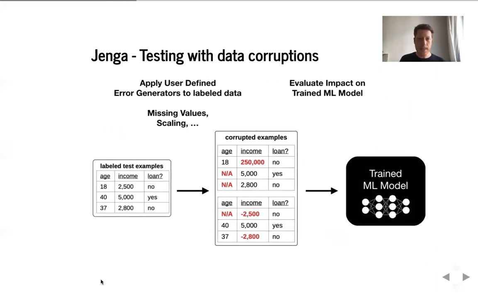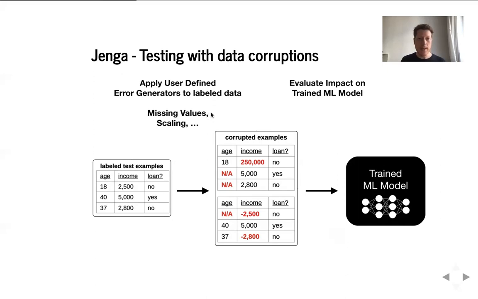How does this work in detail? We essentially assume that you have some data set, or you use some data set from OpenML, for instance. Then we provide you with a set of error types that you can declaratively specify to apply to your data, for instance, missing values or scaling. Here is an example for a standard data set where the label is whether or not an applicant gets a loan, and the input features are age and income.